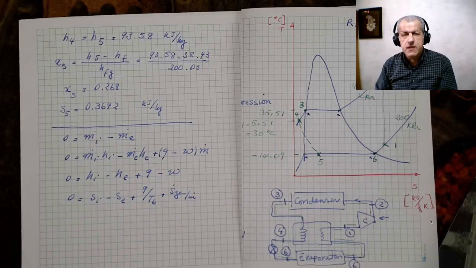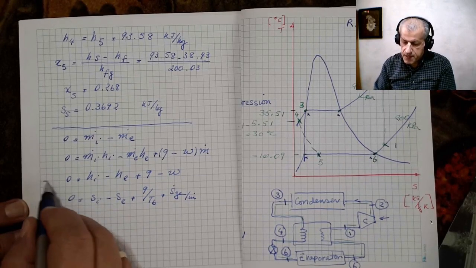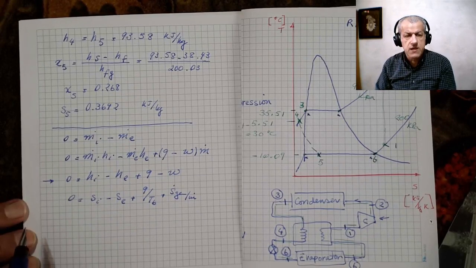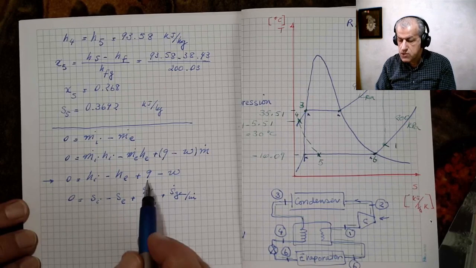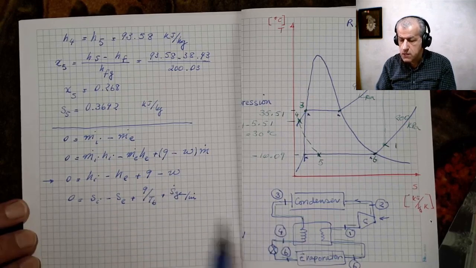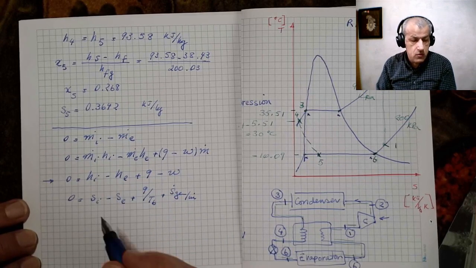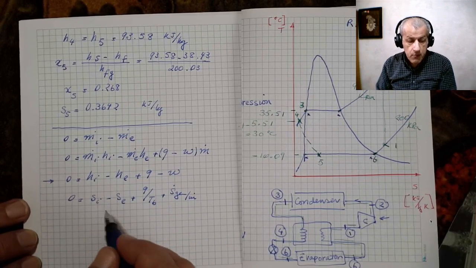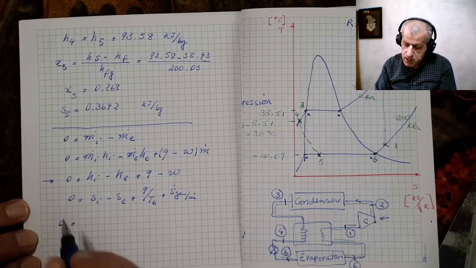Well, as far as the heat transfer is concerned, for the heat exchanger, we use this equation, and there's no heat transfer to the outside, there is no work, but there are 2 inlets and 2 exits. So we write down the first law for the heat exchanger.